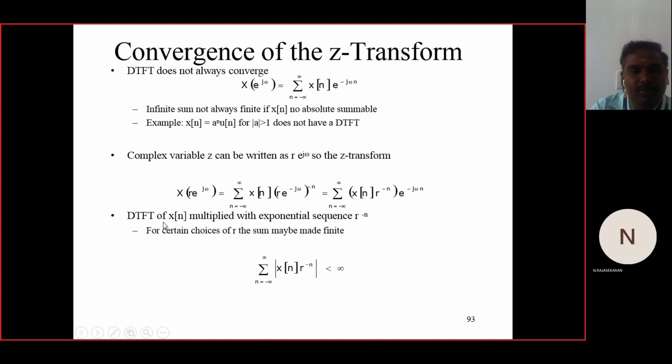So the DTFT of x of n multiplied with the exponential sequence r power minus n, for certain choices of r, the sum may be made finite. So we can write the summation of n equal to minus infinity to plus infinity of magnitude x of n r power minus n to be less than infinity.